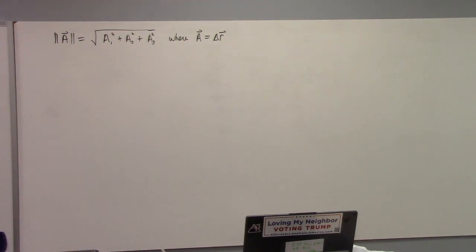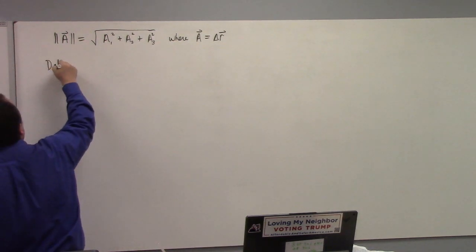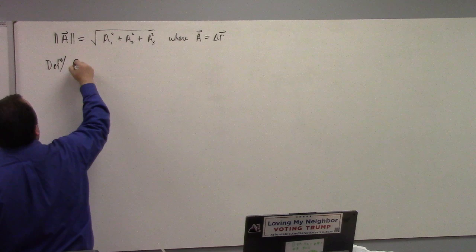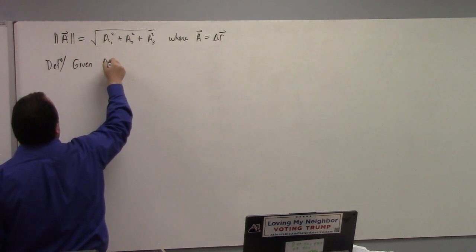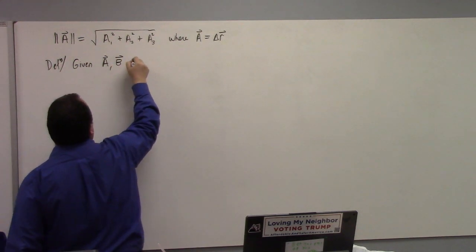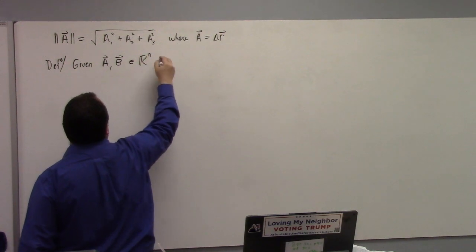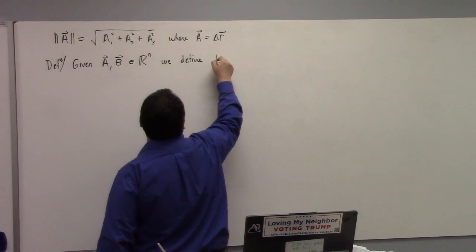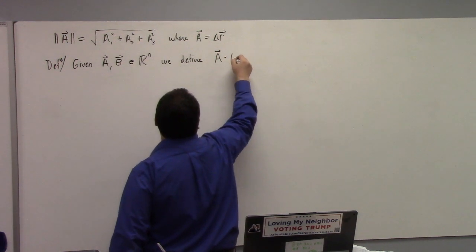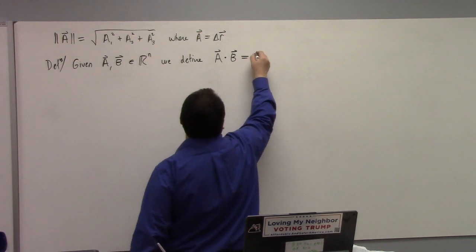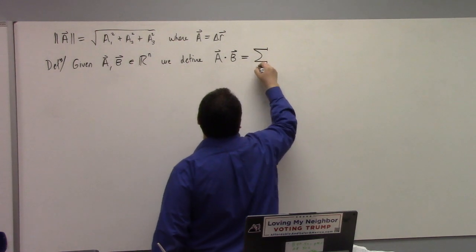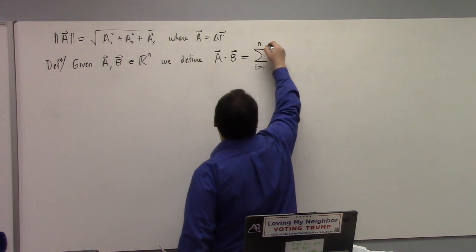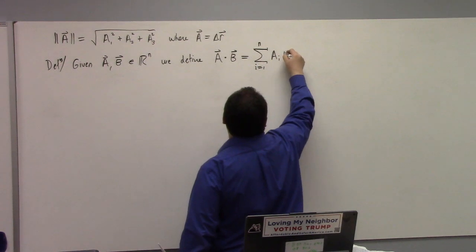Okay, so next up, definition. Given A and B in R^n, we define A dot B to be equal to the summation i equals 1 to n of A sub i, B sub i.